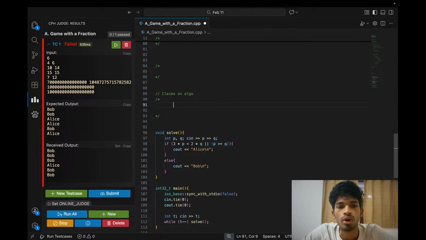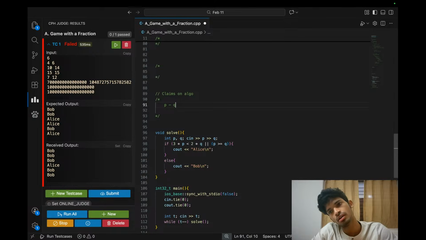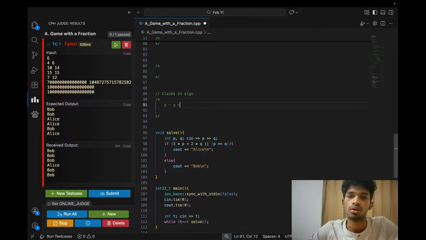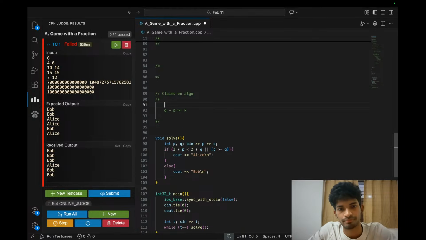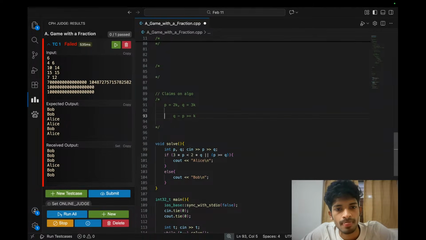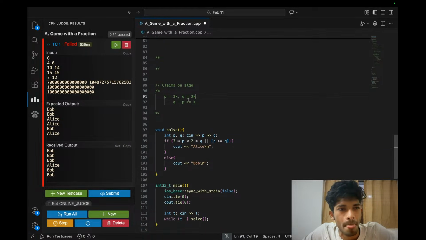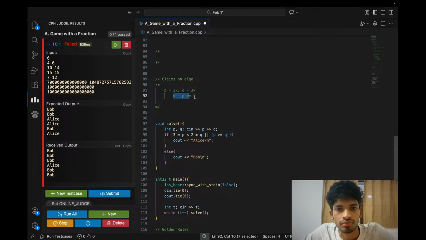So finally we want q minus p to be greater than or equal to k, right? If you can always keep q smaller, even then Alice will win. So if Alice does q minus 1, also here Alice can win.